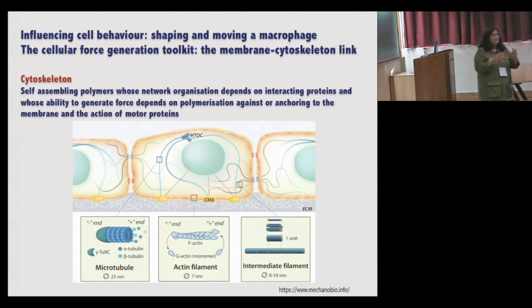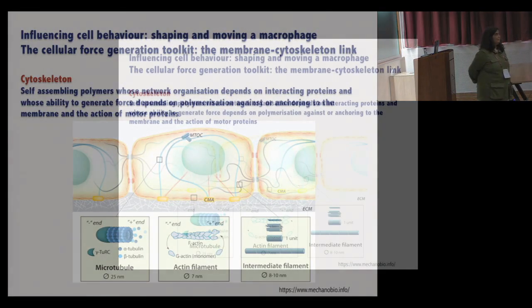And what I'm proposing to do next is to discuss how you can modulate the assembly of the cytoskeleton, and then how you can use the two together to explain how a macrophage changes its shape, polarizes, and moves. And after that, we will go to tissues, how cells make tissue. Questions?